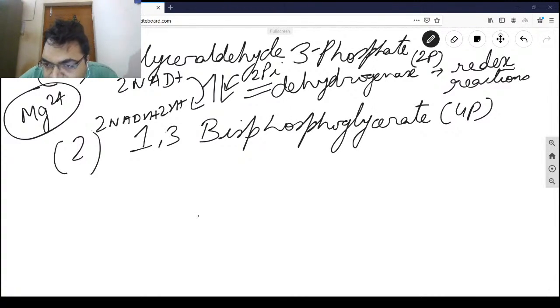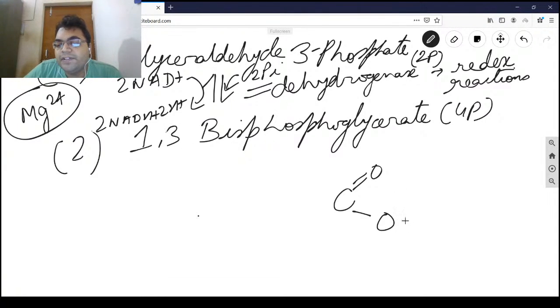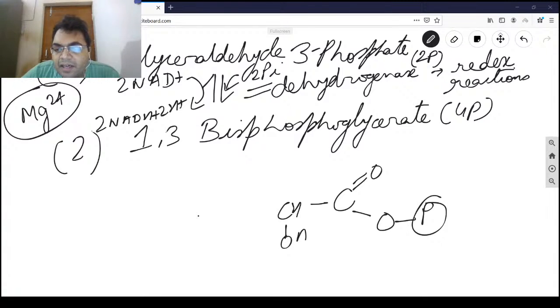So 1,3-bisphosphoglycerate looks like this. You have CO here, and one more O here. To the first carbon, one phosphate group here, PO4 3 minus. Other ways it will look just like CHOH, just like how glyceraldehyde 3-phosphate looks.